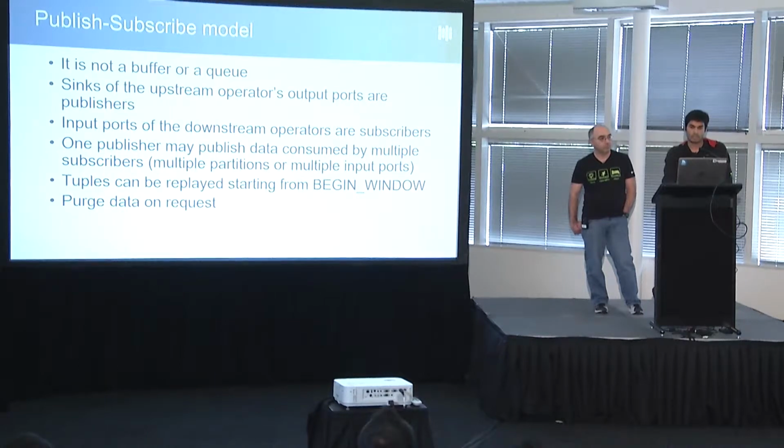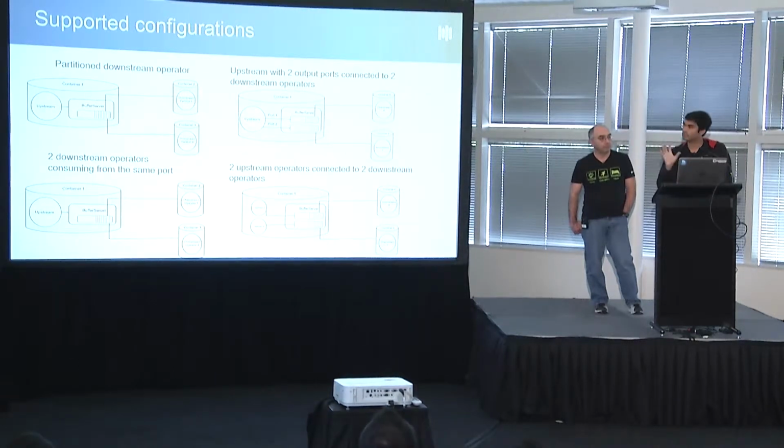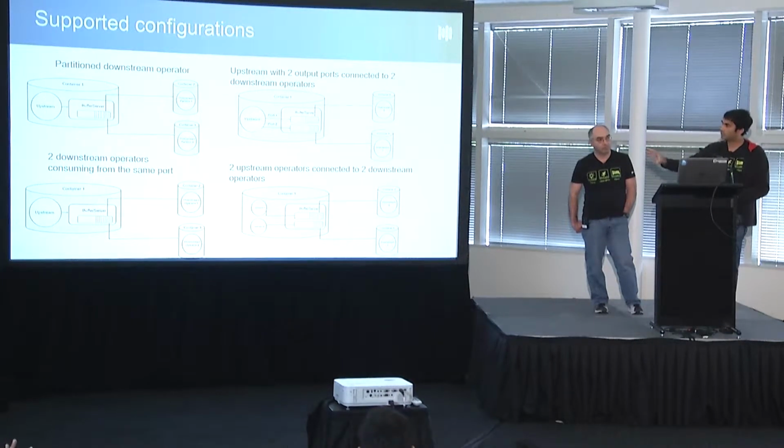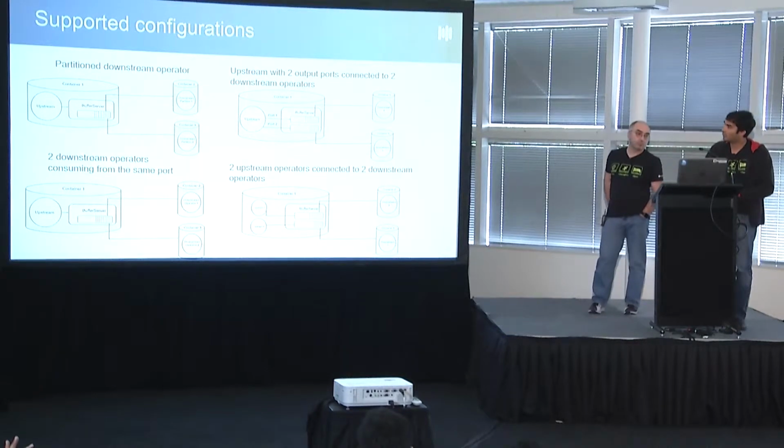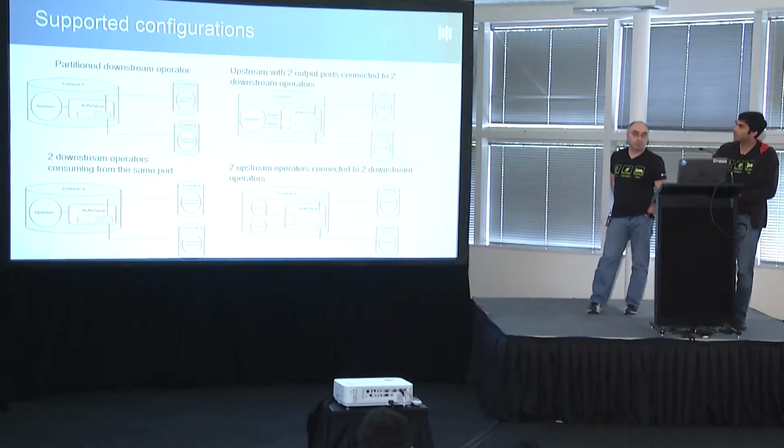In the next slide, I want to show various combinations that we support in the buffer server. These things you don't directly control. As and when your application changes, this configuration happens. I'll walk over each one of them so that you'll know what is happening. On the top left, what you can see is the partitioned operators.